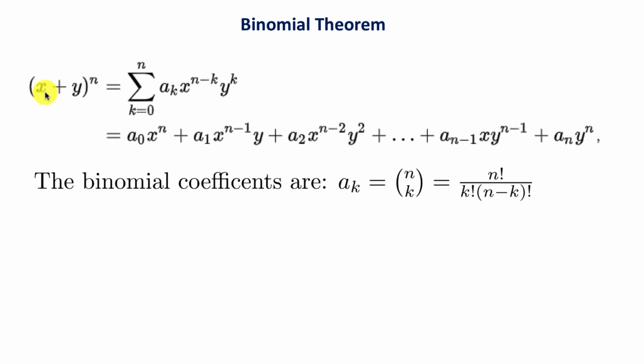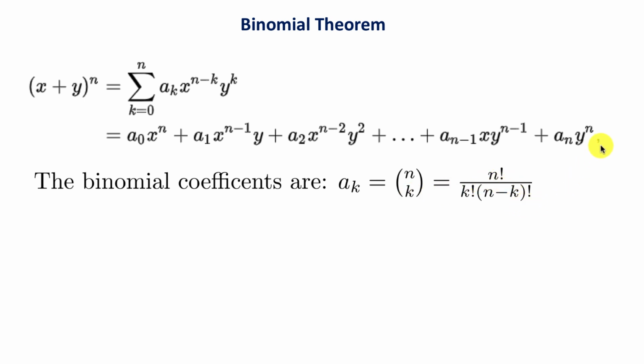It says that (x plus y), well, earlier I said a plus b, but same thing, (x plus y) to the power n can be expanded in a series with these binomial coefficients a0, a1, a2, etc. And this ak is n choose k, which is this.